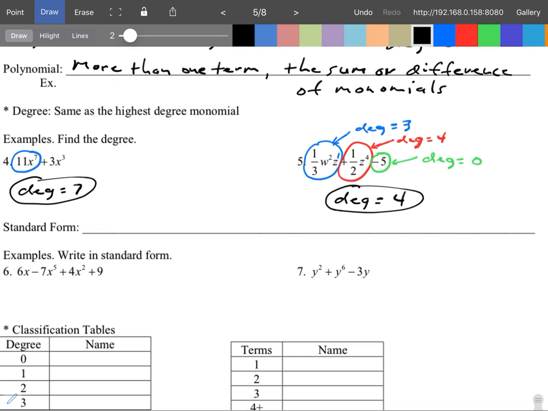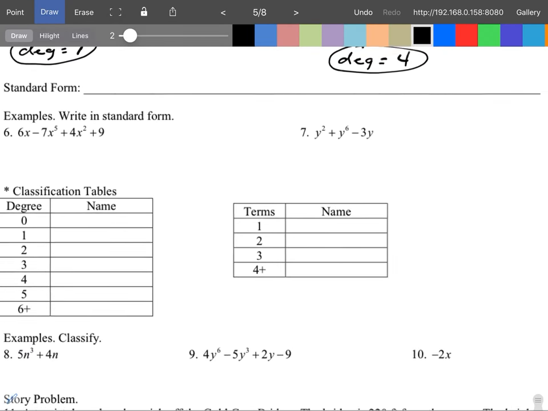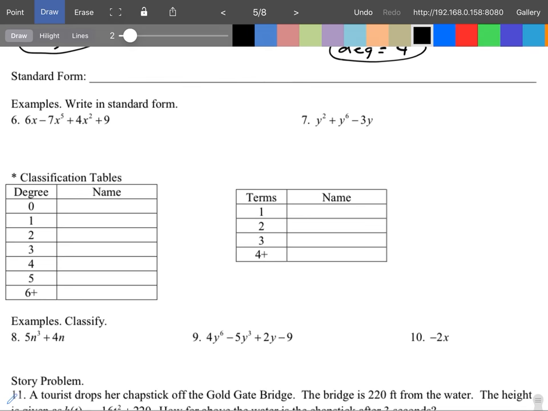Well, then the next definition we have is we have to define what the standard form for a polynomial is. So if you want to write a polynomial in standard form, you want to write the terms in descending powers.